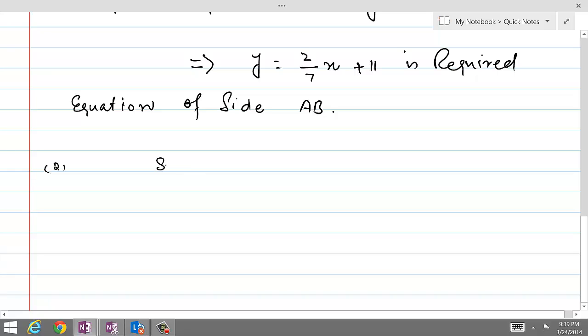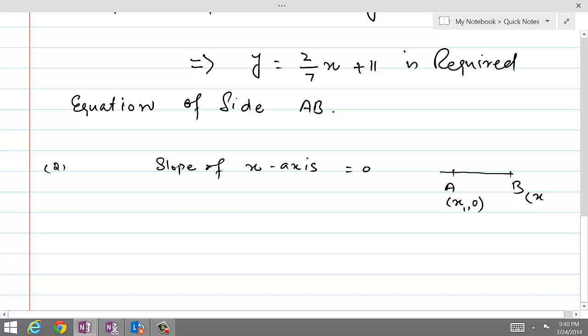The slope of the x-axis is equal to 0. Why? Because for any 2 points on the x-axis, if this is point A and this is point B, this would be x1, 0. For any point on the x-axis, the y component will always be equal to 0 because there is no vertical distance.